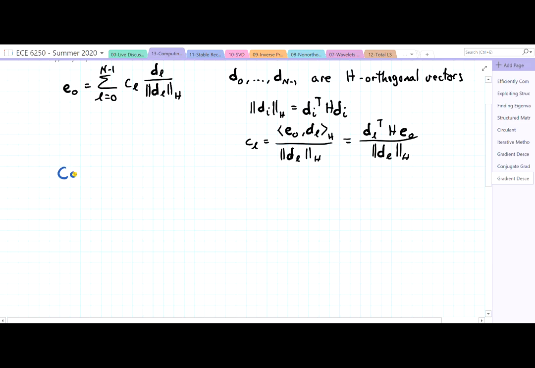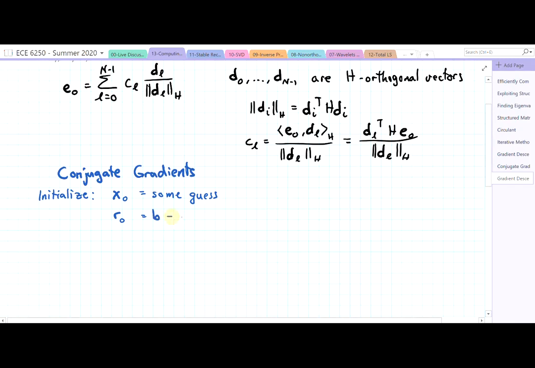So for conjugate gradients, we follow this procedure. We initialize with just x naught as before equals some guess. If you have a good idea of what your solution might be, maybe you could start there. Maybe you had a solution to a similar problem from last time.